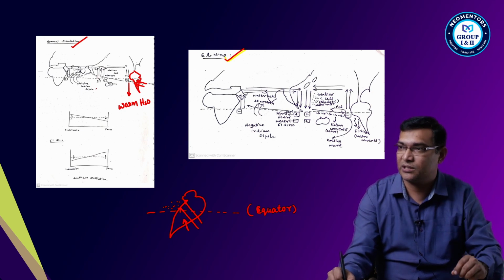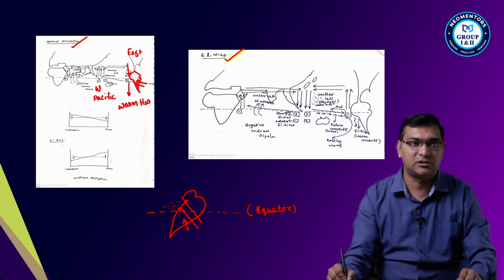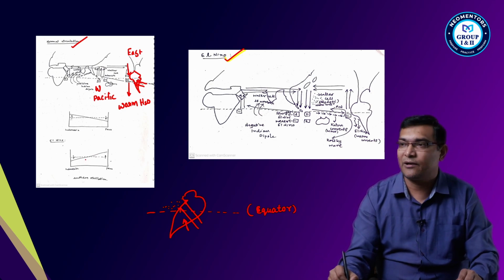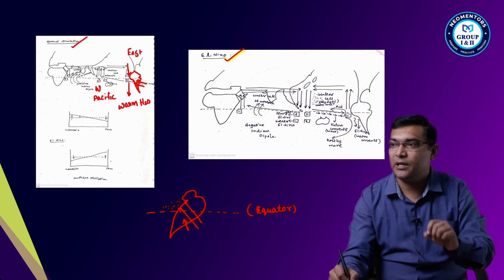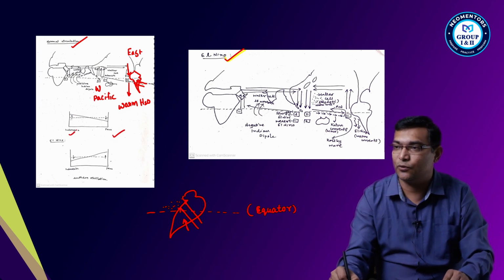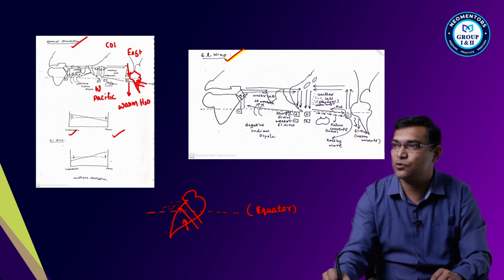This is the West Pacific Ocean and this is your East Pacific Ocean. There will be a change in the sea level, from the Peruvian coast to Indonesia. At the Peruvian coast, cold upwelling zones will be formed.